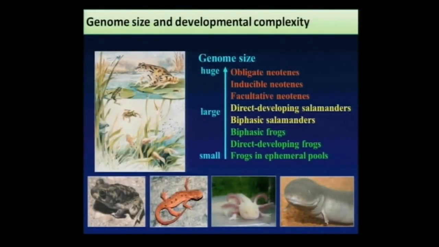A brief example about development. There are correlations between genome size and developmental rate in a variety of different organisms, including in insects and amphibians. But where it gets really interesting, I think, is when you look at the complexity of development. So when you have to do a lot of developing or not very much developing and time is limited, for example. And one area you see this is in metamorphosis.